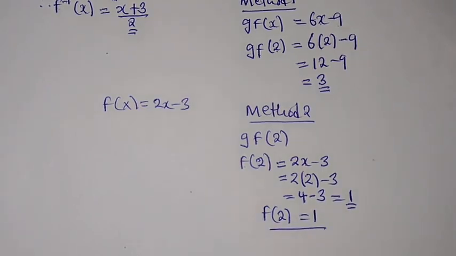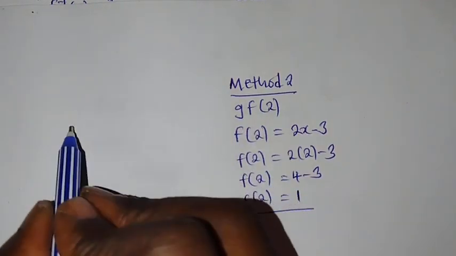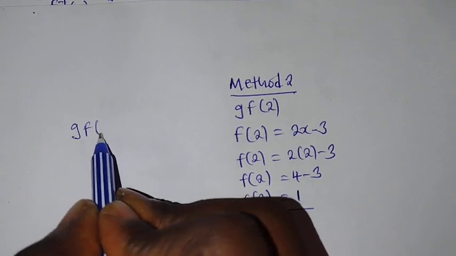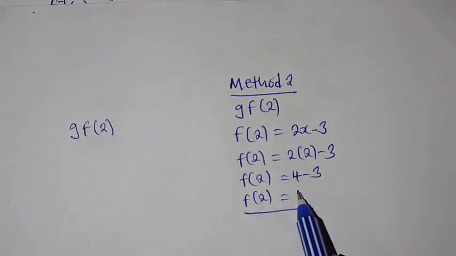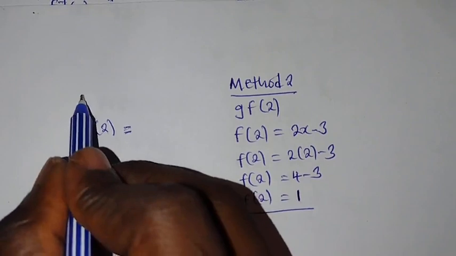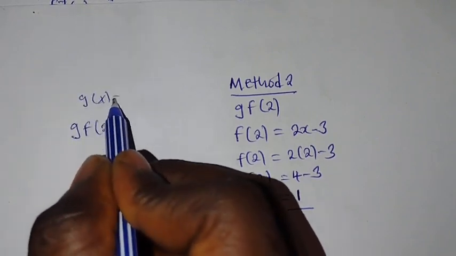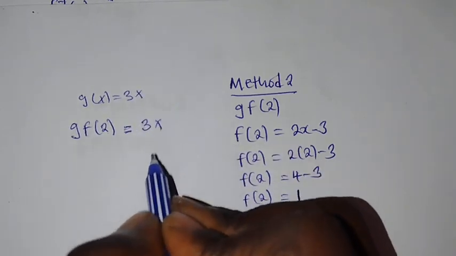Okay, so after finding f of 2, we can now find this gf of 2. So to find gf of 2, okay, remember f of 2 we have found it, which is a 1. So we need to take note of the function of g. Okay, the function g of x is equal to what? 3x. So here we are going to write 3x.